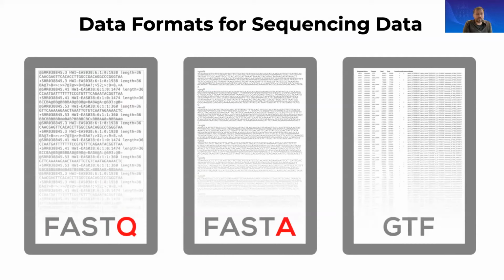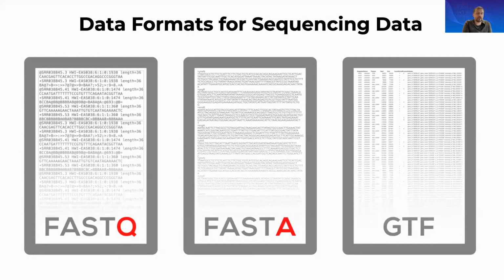These file formats that we're going to be dealing with a lot are FASTQ, FASTA, and GTF. FASTQ files contain the individual read sequences with the quality associated with each position. FASTA files typically contain just the full sequence. This could be the reference sequence, or even sometimes individual reads, or maybe portions like genes could be contained in a FASTA file.